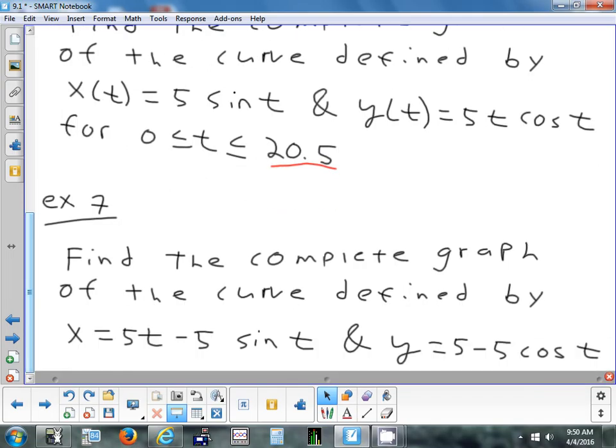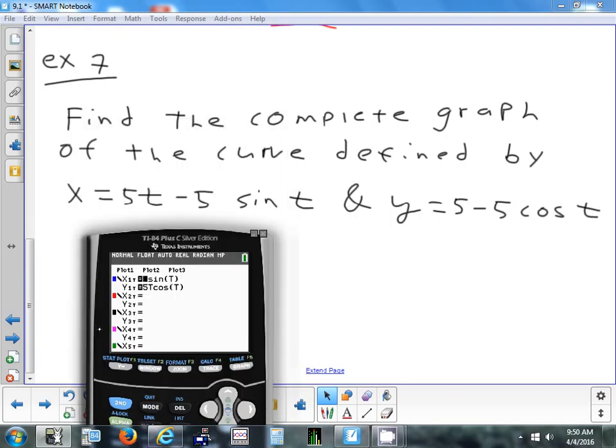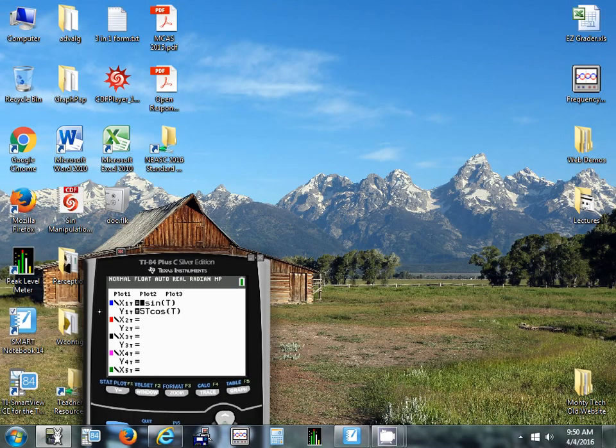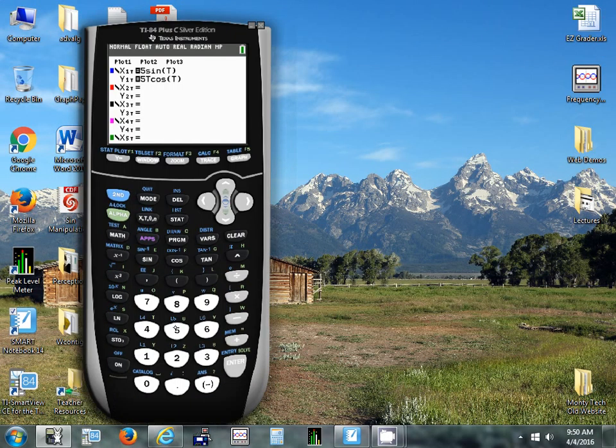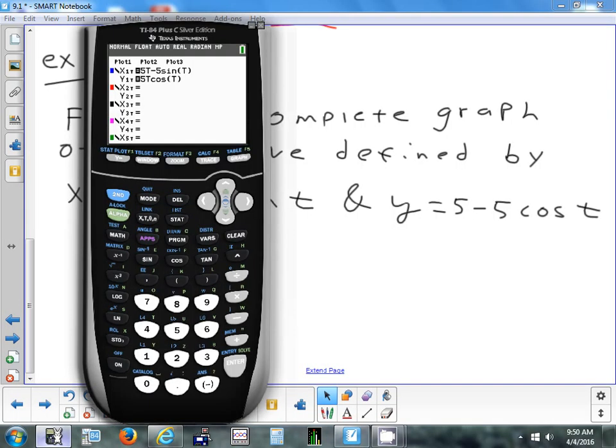Okay, and last one. Okay, so try typing that in. And before you hit graph, try to think about the window a little bit. x is 5t minus 5 sine t, and y is 5 minus 5 cosine t.